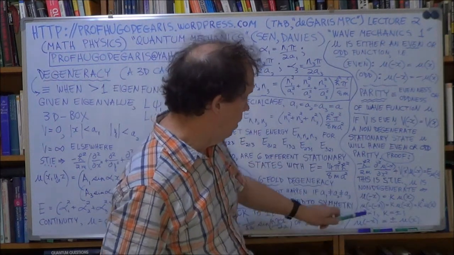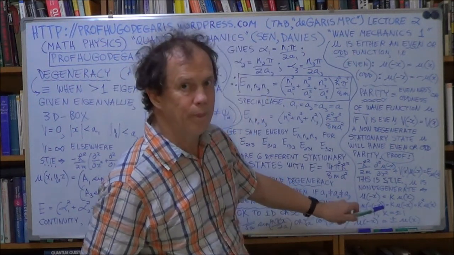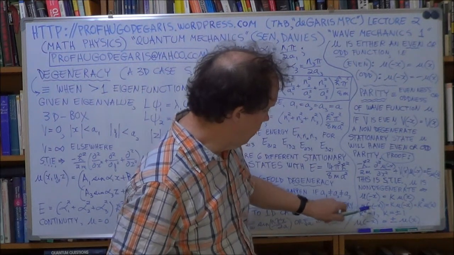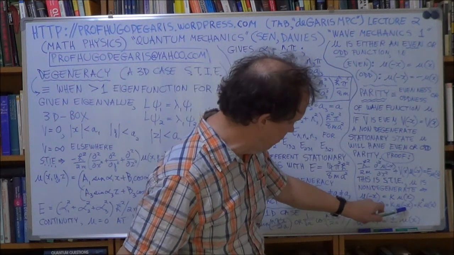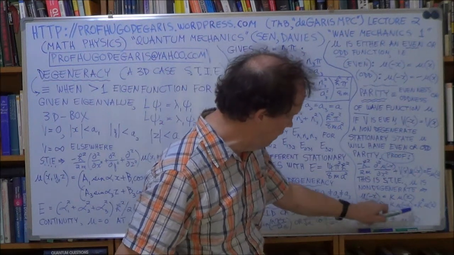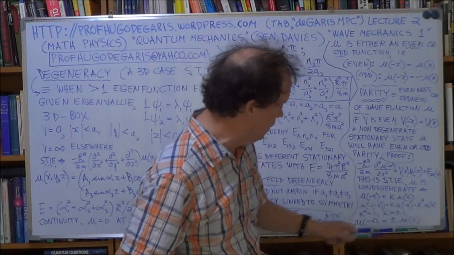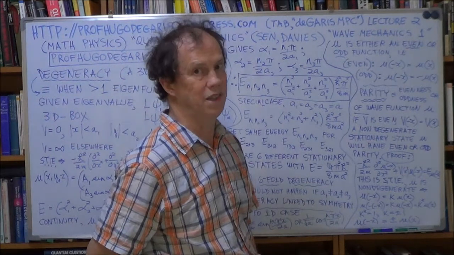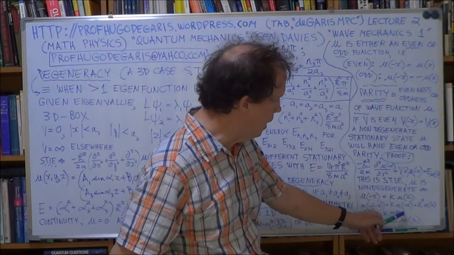Well, let's put in u of minus x, which is just k times u of x. So u of minus of something is k u of minus x, whatever this is here, you put here. But u of minus x is just k u of x, so you get k squared u of x. So k squared u of x is just u of x. So k squared is 1. Okay, k squared equals 1. And therefore k must be plus or minus 1.